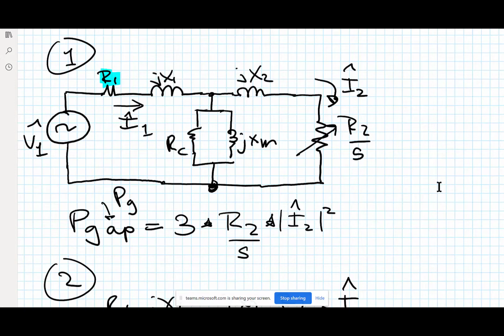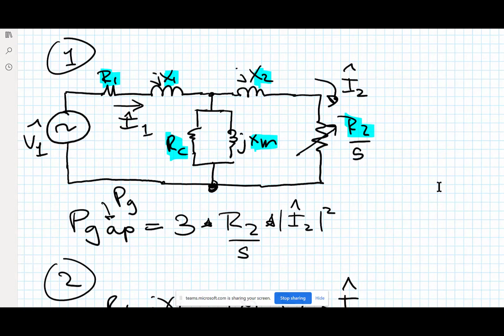We've got the stator winding resistance, the stator winding leakage, the rotor winding leakage referred to the stator side, the rotor winding resistance, the core loss resistance, and the magnetizing branch.